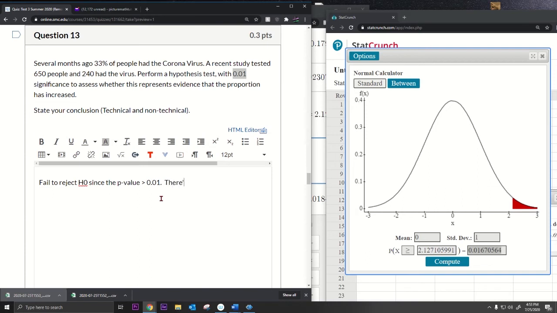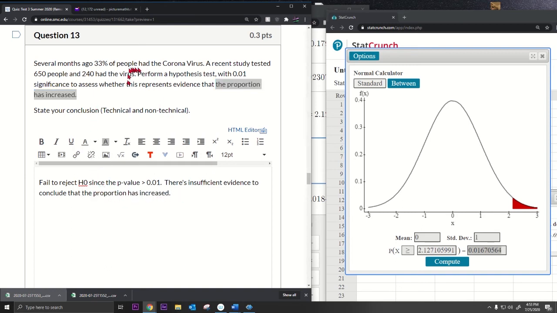Non-technical conclusion. There's insufficient evidence to conclude that, and then whatever the alternative was, let's see, the proportion has increased. There you go, just copy that.